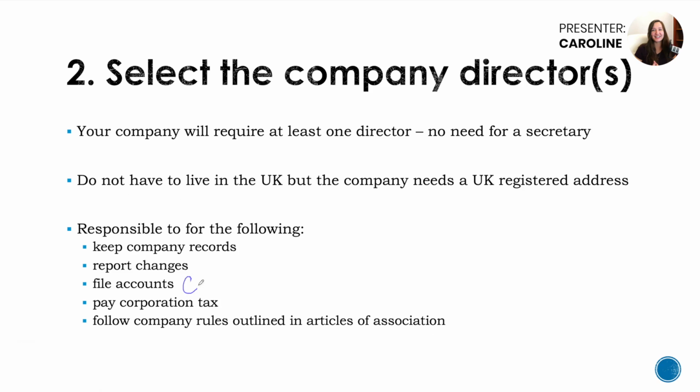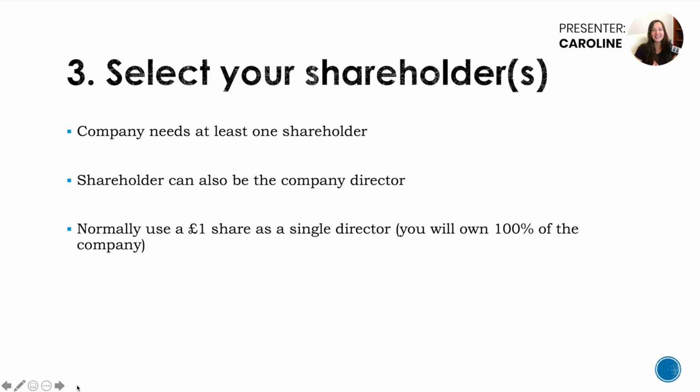It's going to be Companies House and HMRC. They both need your accounts, and then corporation tax is just an HMRC thing. So you will pay them and submit the corporation tax return to HMRC. And then you've also got to follow the company rules outlined in the Articles of Association. Number 3, select your shareholders.